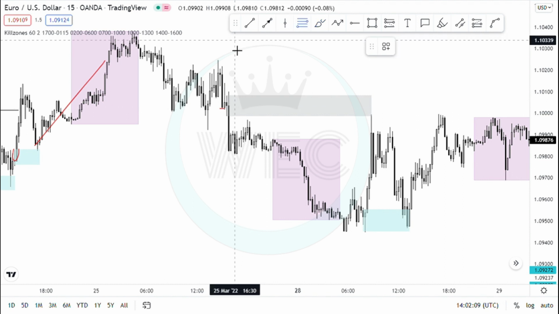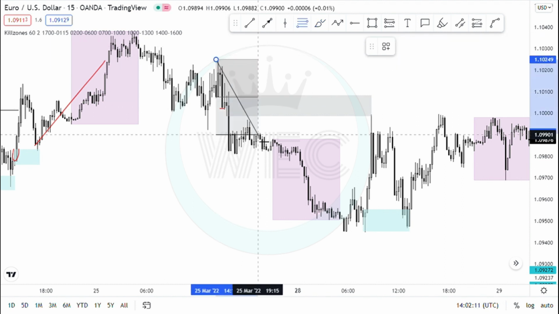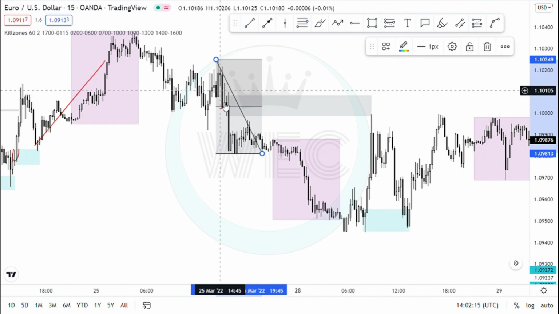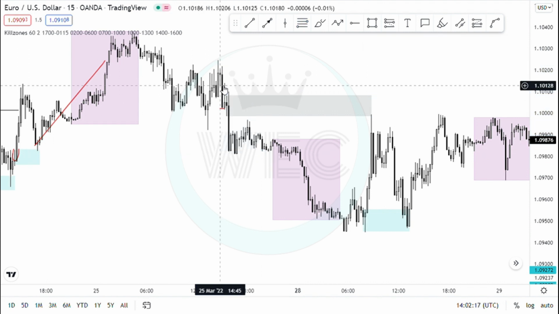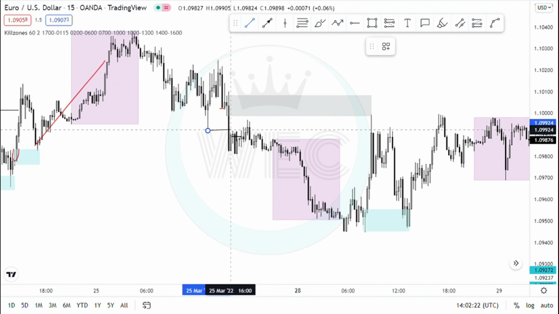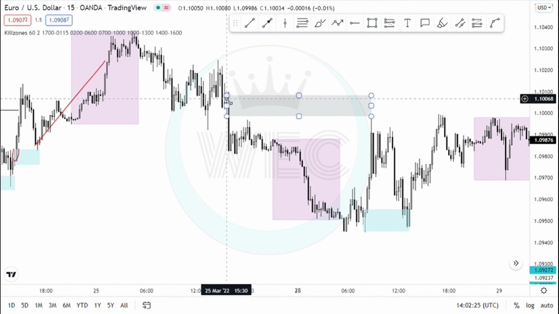Even though if I spread my fibs from the high to the low, it is within the premium zone, and it instigated a break of structure right here, because it wasn't engulfed, this bullish pin bar becomes invalidated.